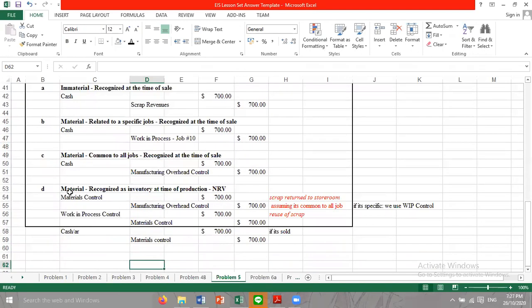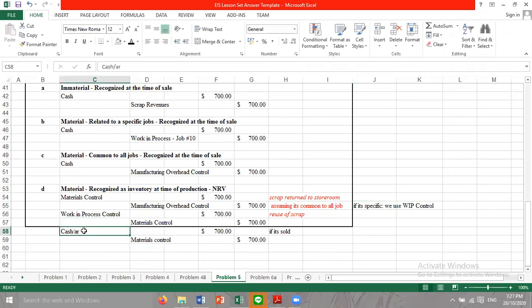And if it's material and we recognize it as inventory at the time of production, all we need to do is recognize its movement back to materials control or back to the storeroom, where we debit materials control and credit manufacturing overhead control if it's common to all jobs, or credit WP control if it's related to a specific job.